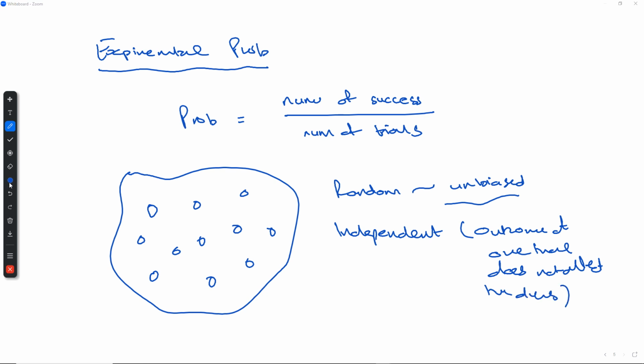An example of this would be rolling a dice. Every time you roll a dice, you've got to pick it up, so the numbers have got to change. They're not linked or attached to each other. The result of the next roll is not going to be affected by the previous roll.